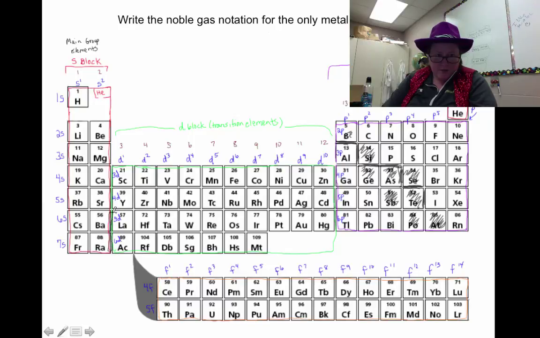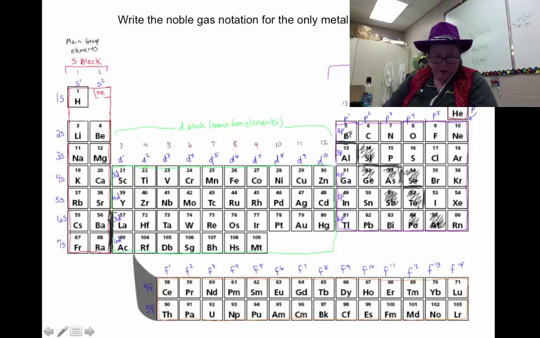I'm just going to put this bold here as a reminder that once we get to this, and I do realize that the gap here is between 57 and 72. Some periodic tables do have it differently, but we're going to use this as our boundary.